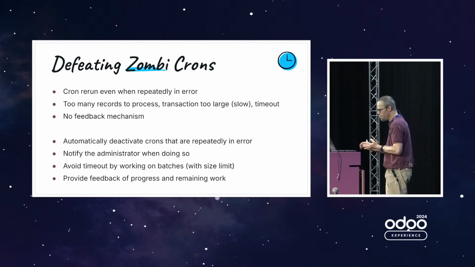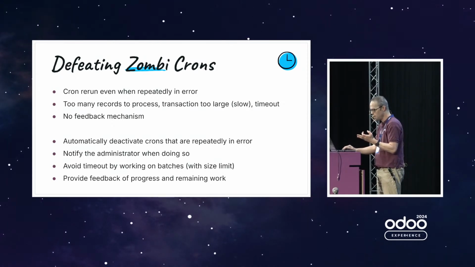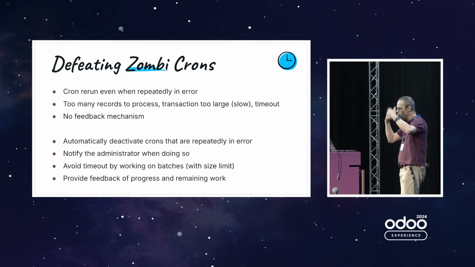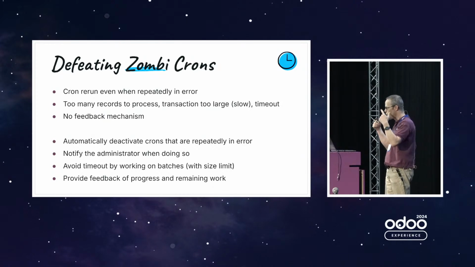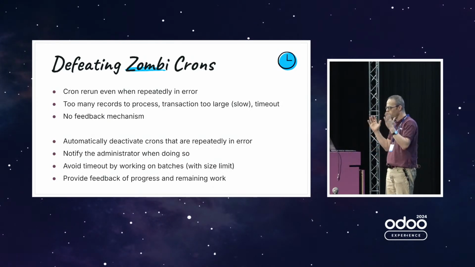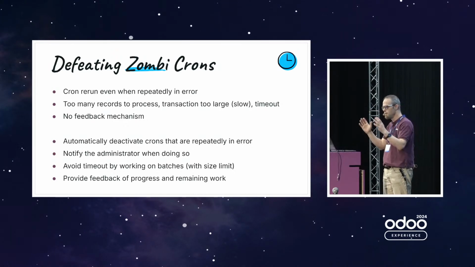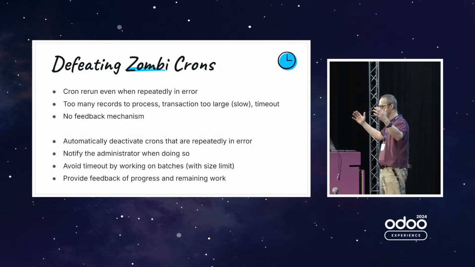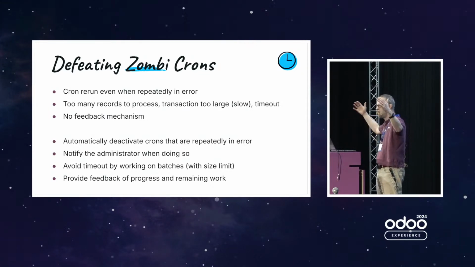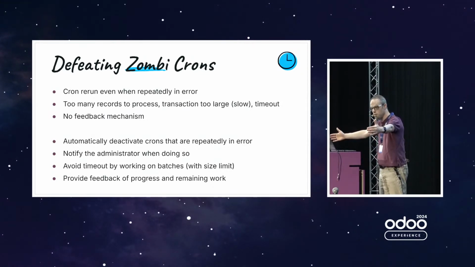And the other thing we've made is to rework many of those cron jobs. The problem of the timeout is when you have a lot of things to do and you try to do it all in a single SQL transaction.